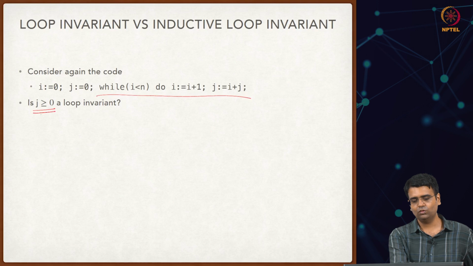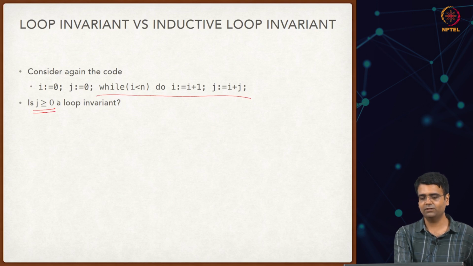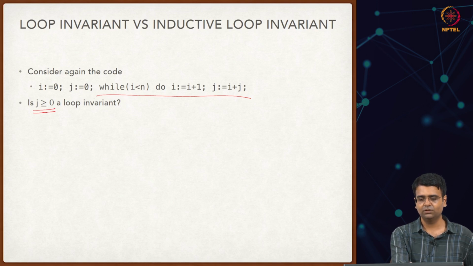In order to find out whether j ≥ 0 is a loop invariant, you need to see that this holds at the beginning of any iteration of the loop. At the beginning of the first iteration, the value of j is equal to 0, which is greater than or equal to 0, so it holds. Now in every iteration, you are adding something to j, so j = i + j.